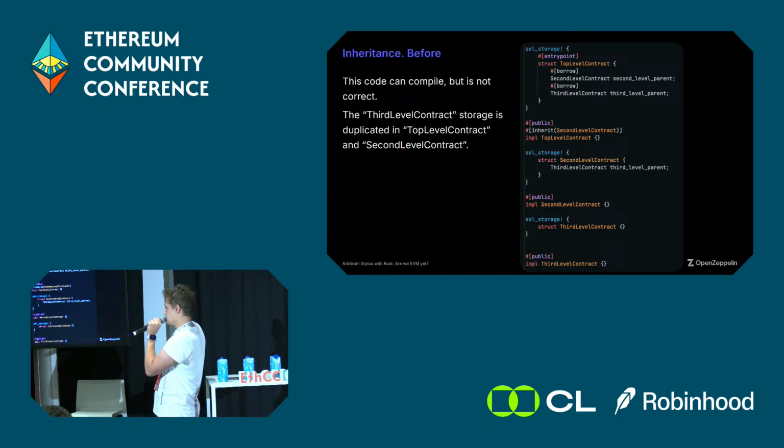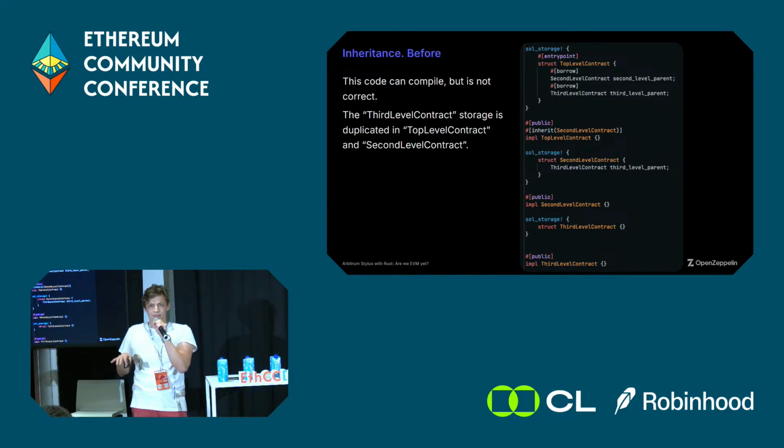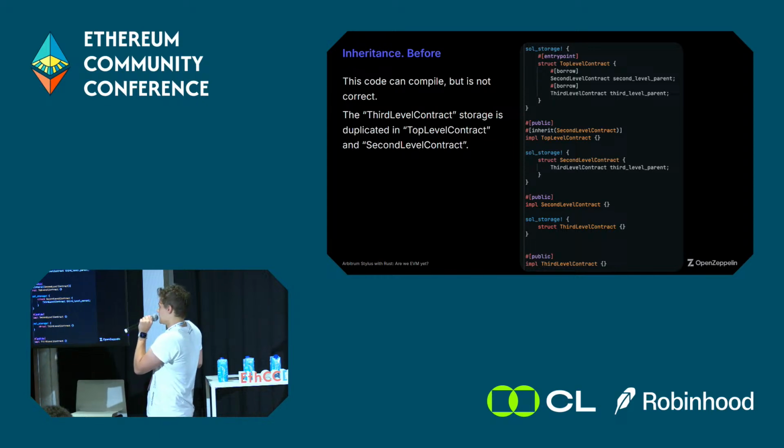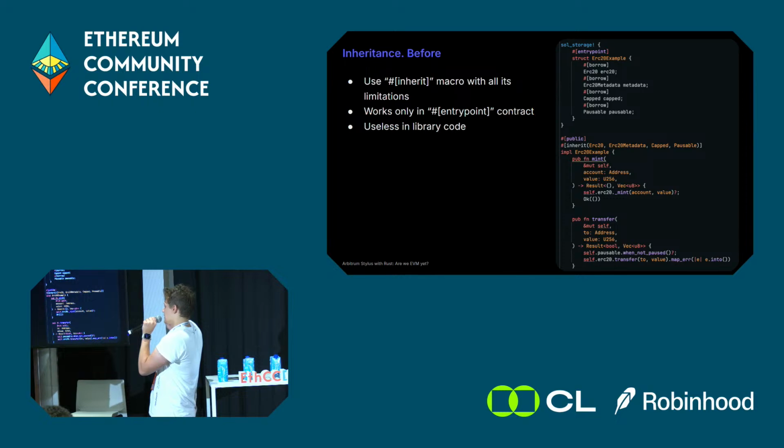This example will compile, but as you see, the third-level contract is duplicated. Think of it like having two tokens inside one contract, and you change the balance in one, and in the other you just read, and the update wasn't perceived.